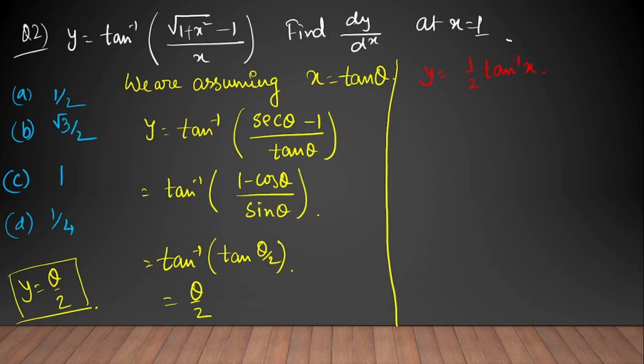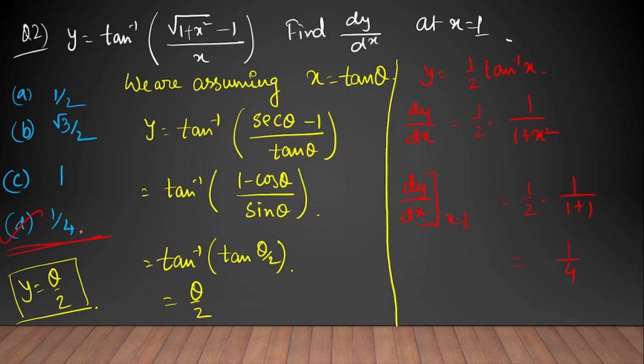Then dy/dx at the point, first of all we have to find dy/dx, that is half into 1 by 1 plus x square, and then dy/dx at the point x equals 1, it will be 1 by 2 into 1 by 1 plus 1, that is 1 by 4. This is the answer of the question, that is option number D.